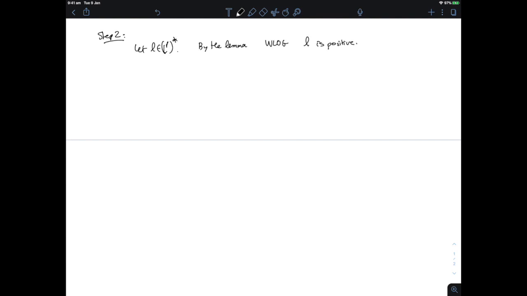Now, what I'm going to do is define a measure in this way. I'm going to define nu of E as L applied to the indicator function of E, for E a Borel set. Right, that's the idea. However, that's not going to work straight off the bat like that.